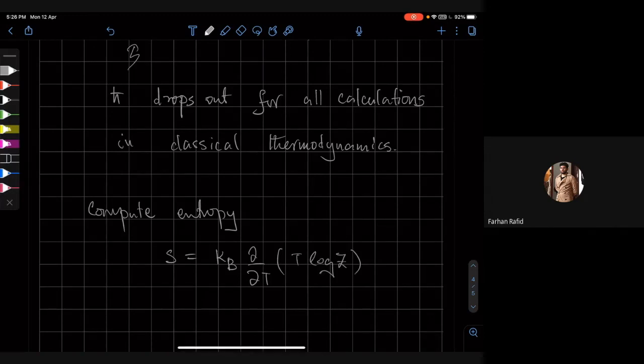So because of the Leibniz property of the derivative, there's going to be one term where we have log of Z without the derivative acting on it. And that is going to give us a result which depends on h bar.